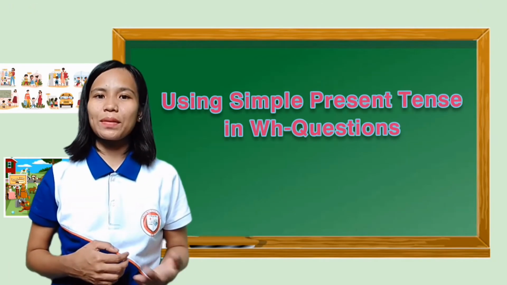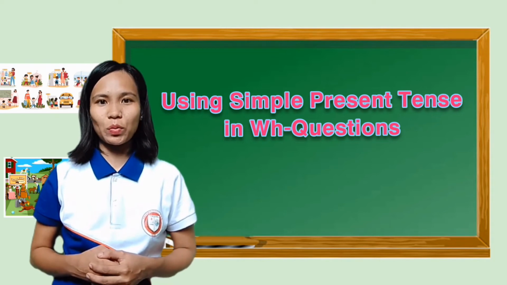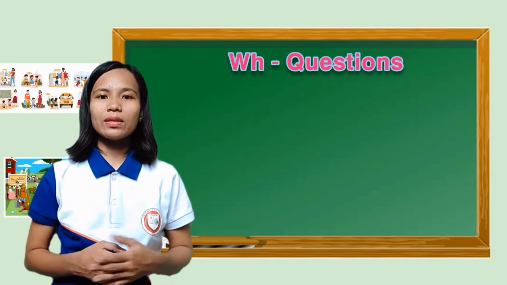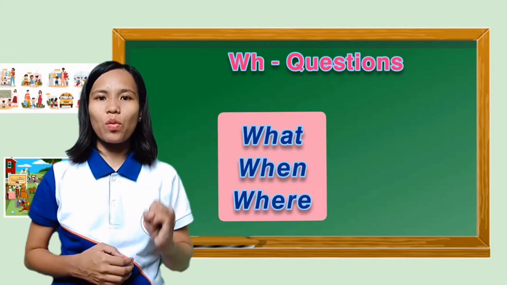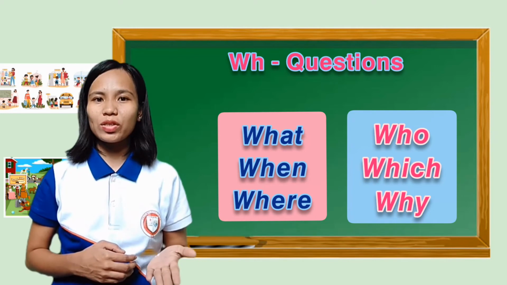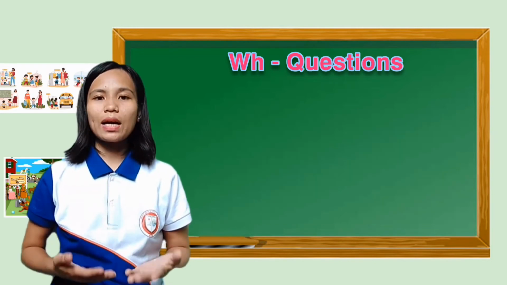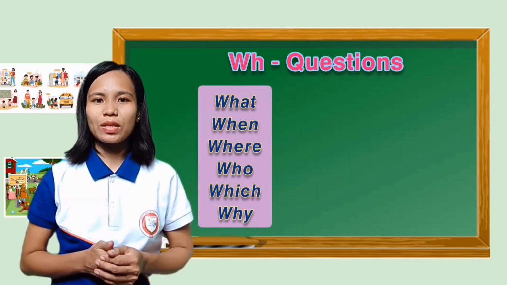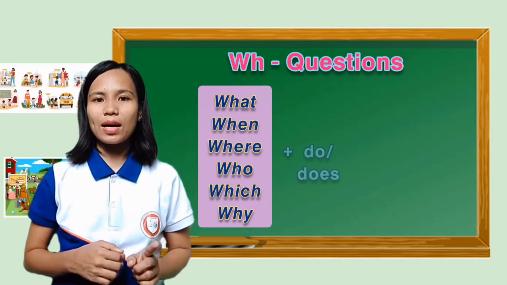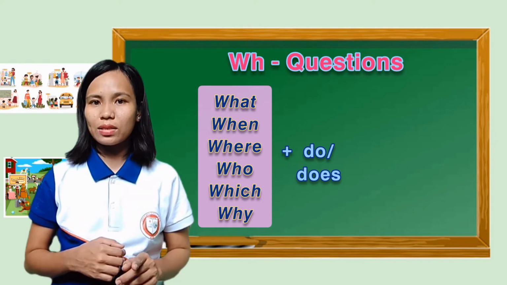We can use simple present tense in WH questions. So, we use it in questions starting with what, when, where, who, which, and why. The WH question follows the what, when, where, and others, then plus do or does.